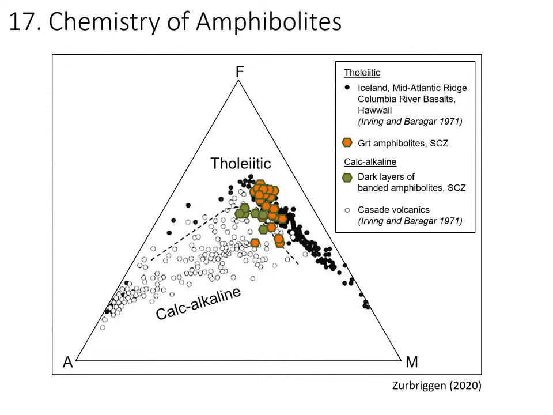If we analyze the amphibolites from the Strona-Ceneri zone, then we see that some of them plot into the tholeiitic field and some of them plot into the calc-alkaline field. But we should not take this line too strictly and say, okay, we have MORB signatures and we have arc signatures.